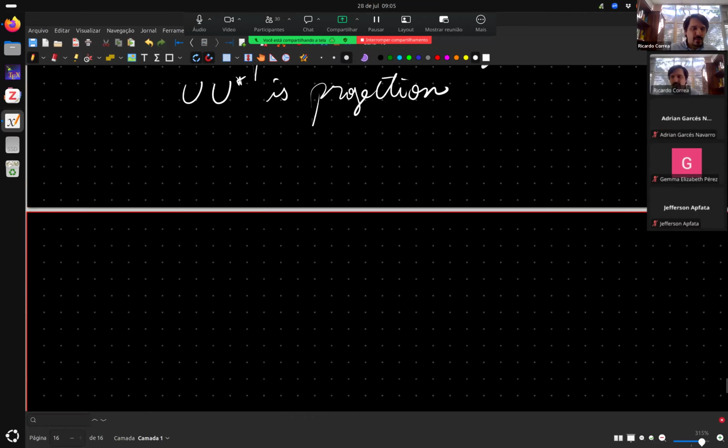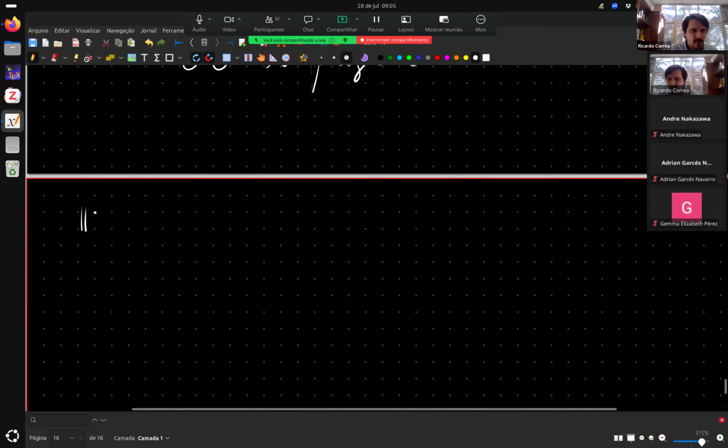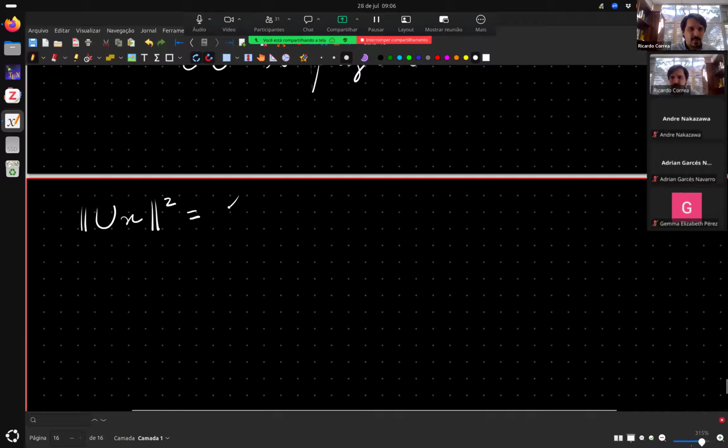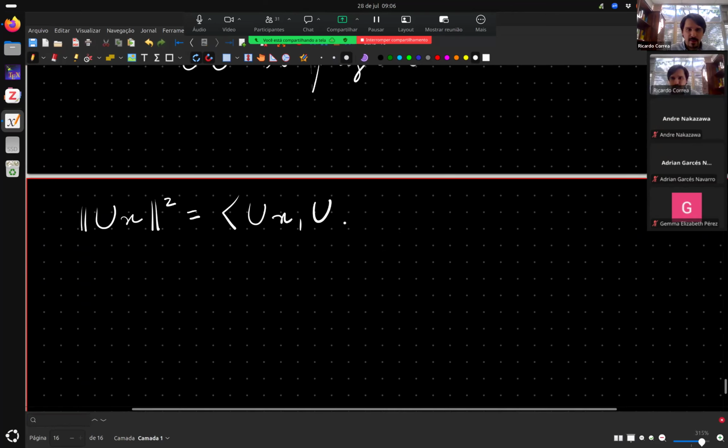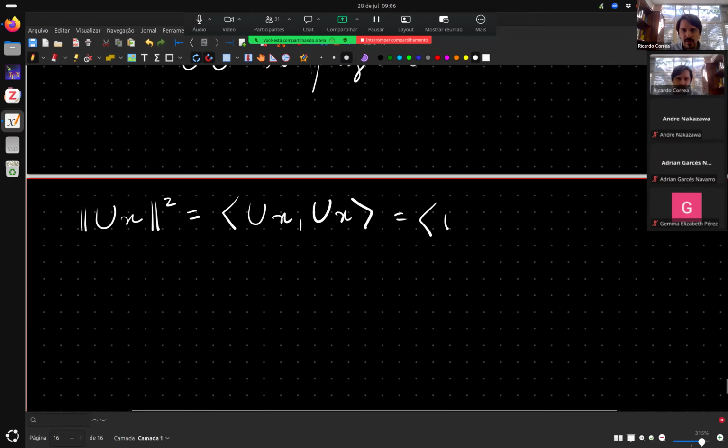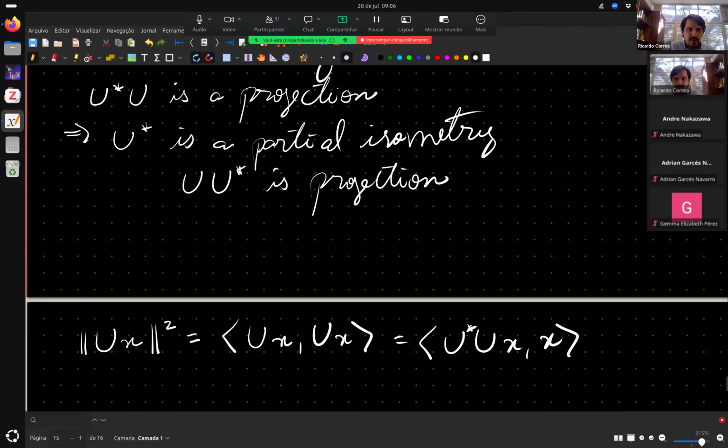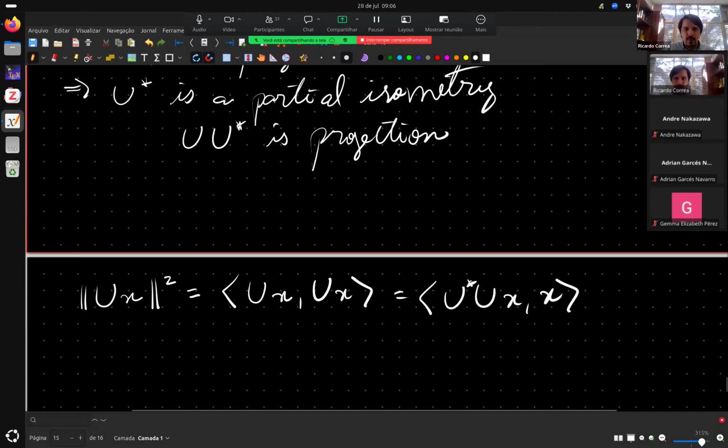The first thing to notice is that the norm squared of Ux, by definition, is the inner product of Ux with Ux, which is U star Ux with x.